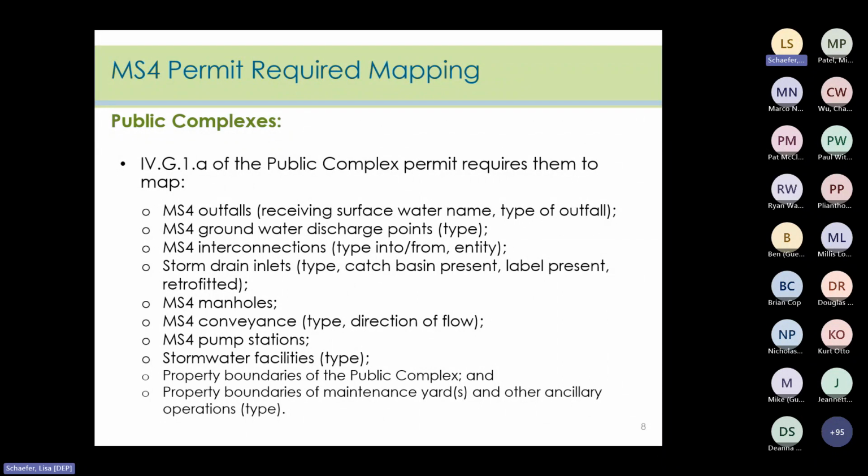Also needed are MS4 manholes, and for MS4 conveyances, the type and direction of flow are required. We also need MS4 pump stations, and for various stormwater facilities, the type, what it is. Property boundaries are needed for the public complex, and of course, property boundaries of maintenance yards and other ancillary operations where the type of that operation is to be specified.